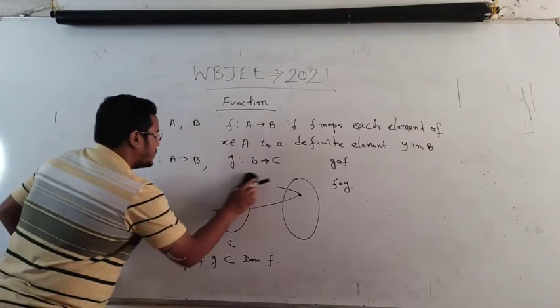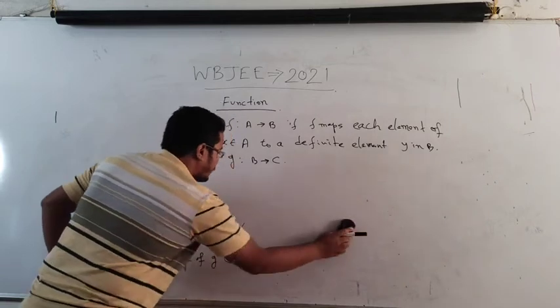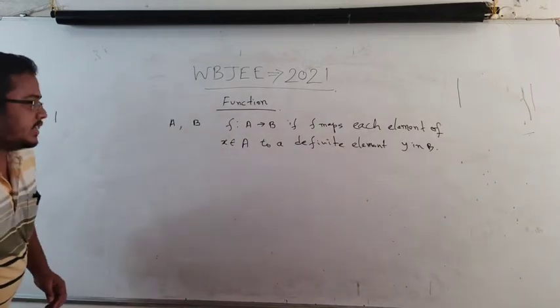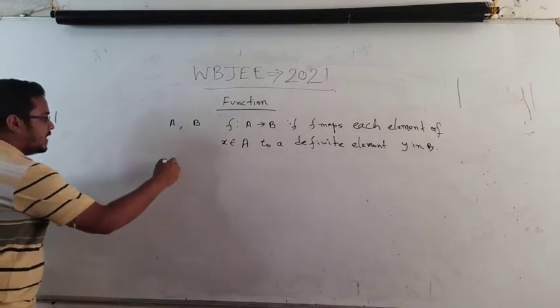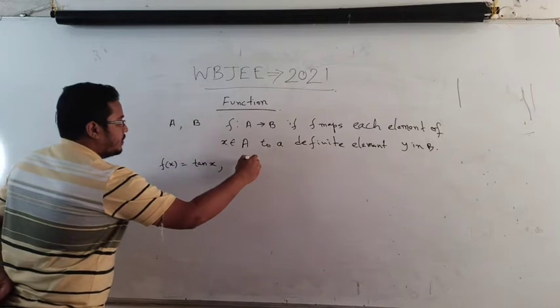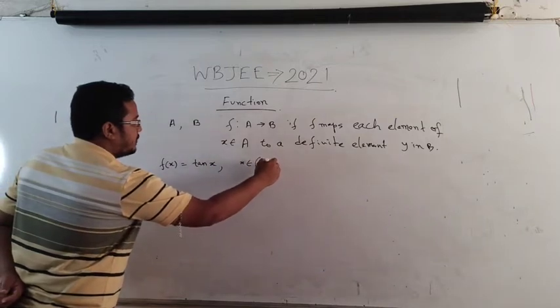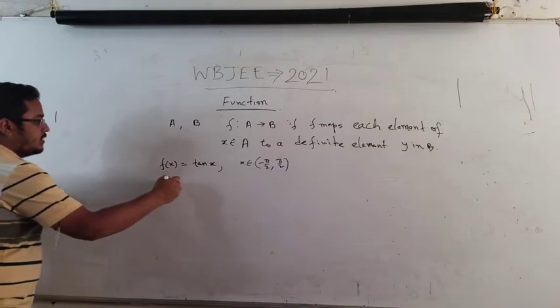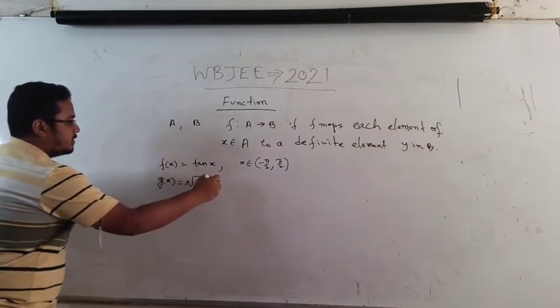Let's say f(x) equals tan x, where x belongs to the open interval minus pi by 2 to pi by 2, and g(x) equals root over 1 minus x.